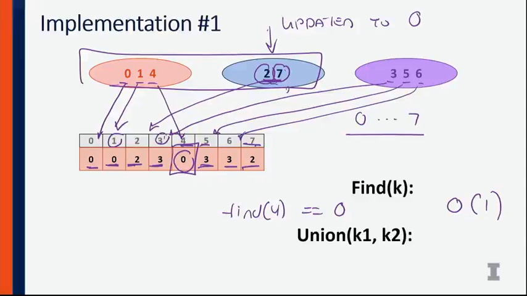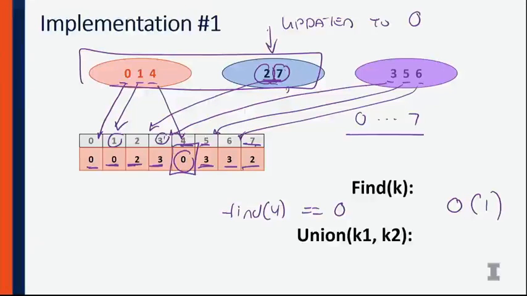Unfortunately, in our current implementation, we have no way to know what elements are in the set that has the set identity of 2. So 2 and 7 are both in the same set, but no data structure here allows us to look up what all elements have the set identity 2.